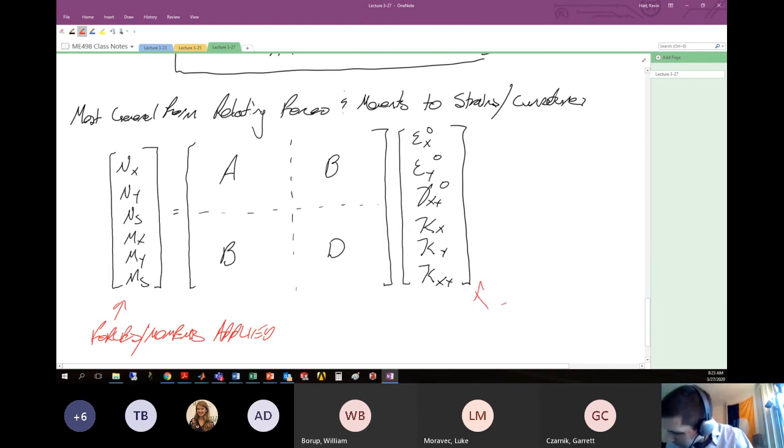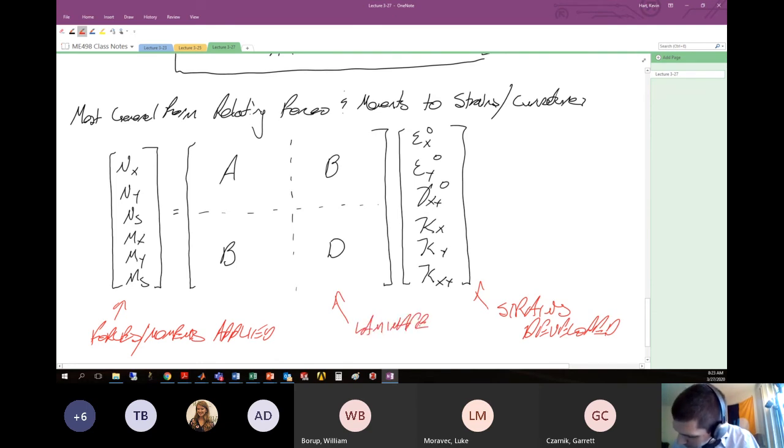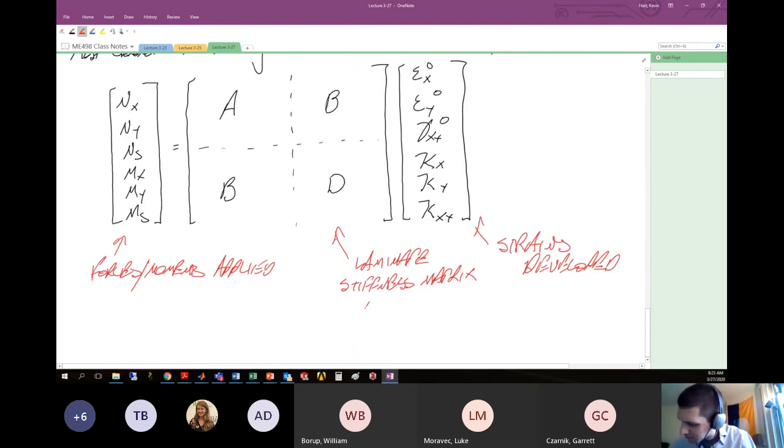This here are strains that develop. And this here is the laminate stiffness matrix. Okay, this laminate stiffness matrix is a 6 by 6, where each one of the 4 quadrants is a 3 by 3.